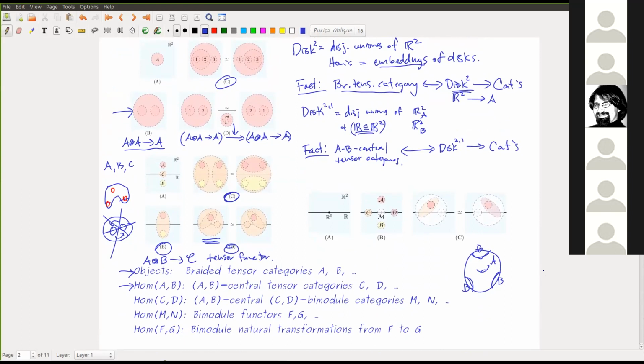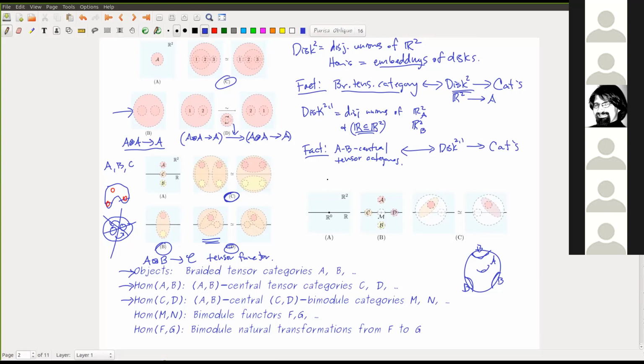This is the mathematical language for handling defects on surfaces as they arise in this story. So I want to be a bit briefer about the remaining Homs now that we've done that one in detail. So suppose I have 2 of these tensor categories C and D, and I want to spell out what a morphism is between those.